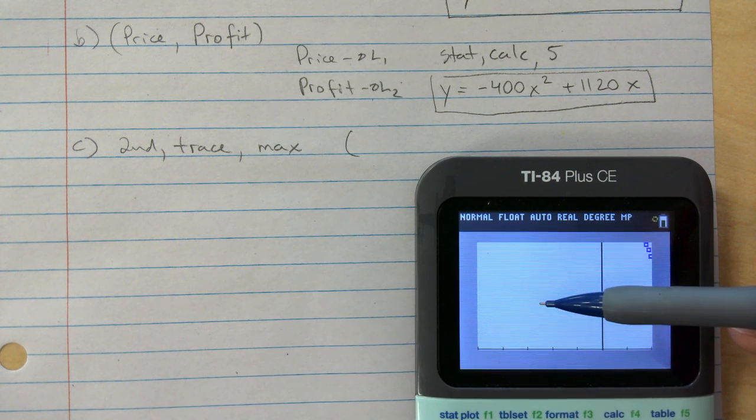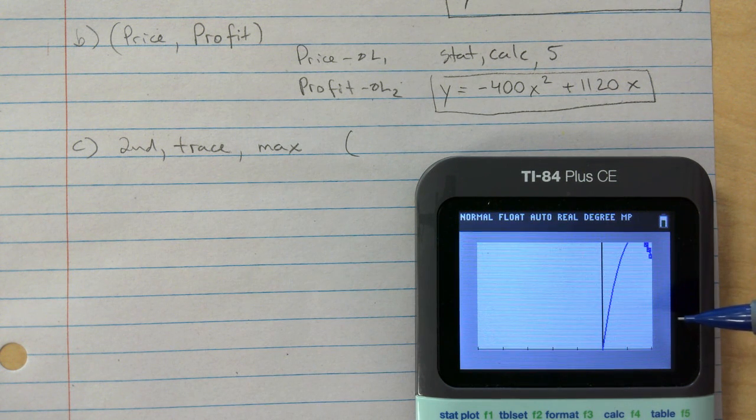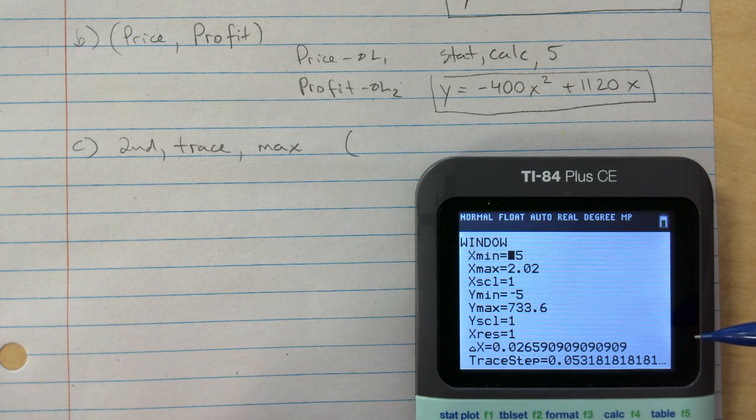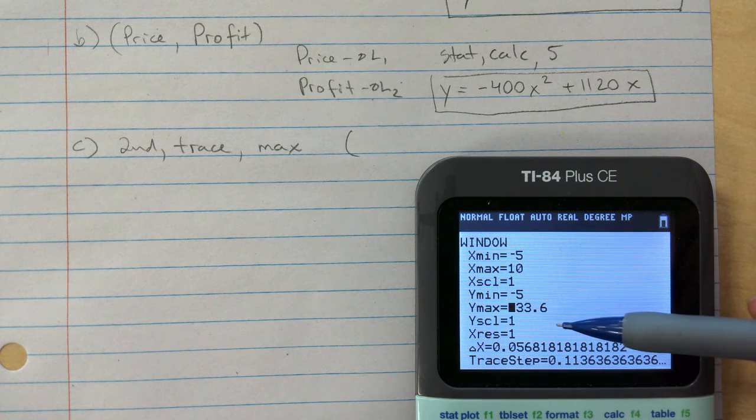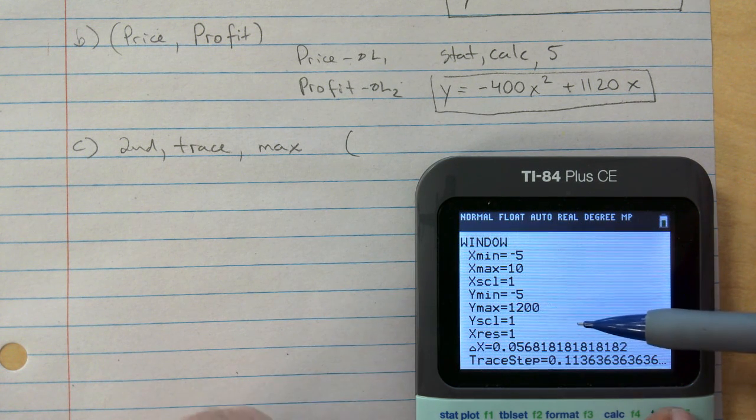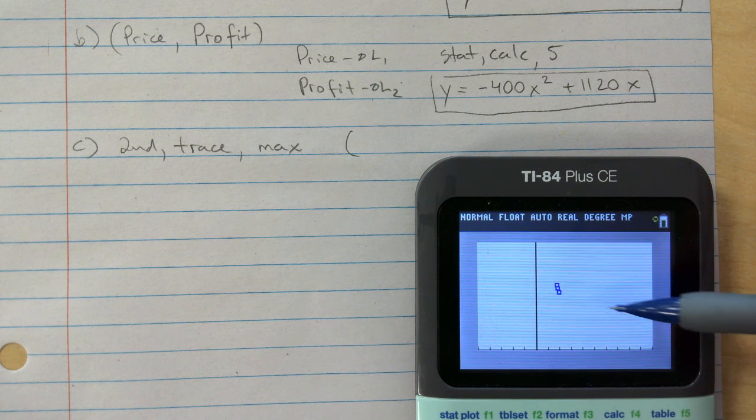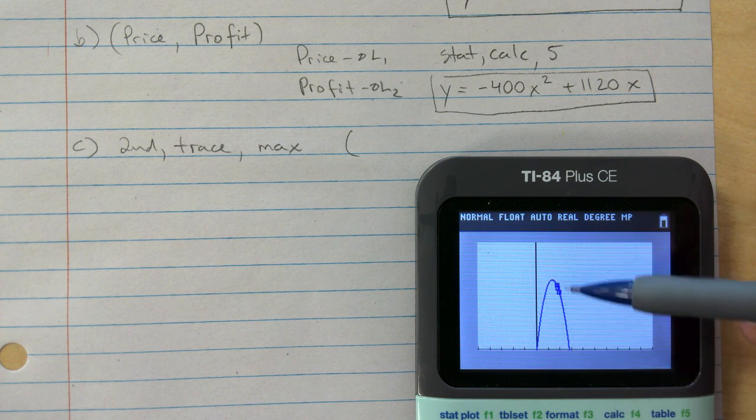Sometimes that lets you see a lot more, right? So you just need to increase your y max and your x max. I'm going to go x max 10, y max 1200 or something like that. And there it is. Now you see the whole thing.